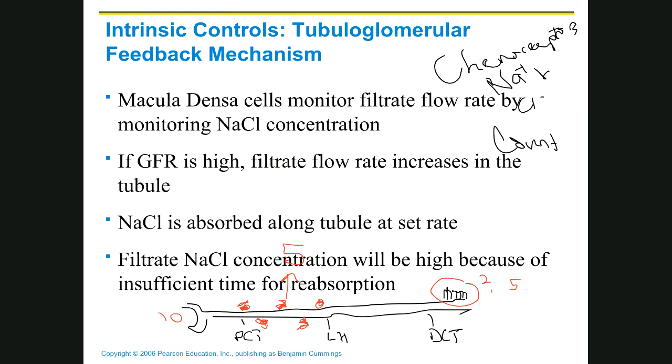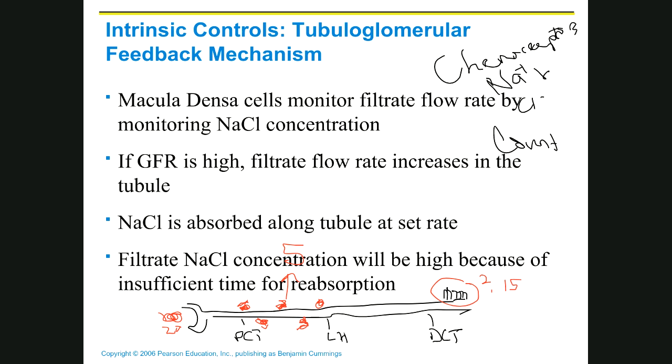Everybody makes sense with that? What if it wasn't 10 though? I can still only pull out 5, but what if 20 came in? Take out 5, this would be 15. Does that make sense? Does everybody see how that works?